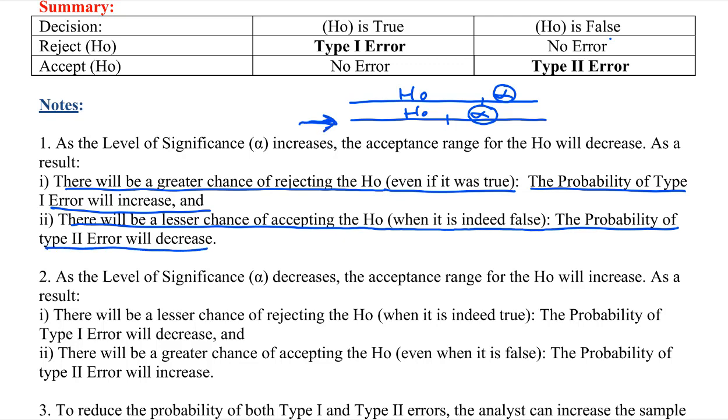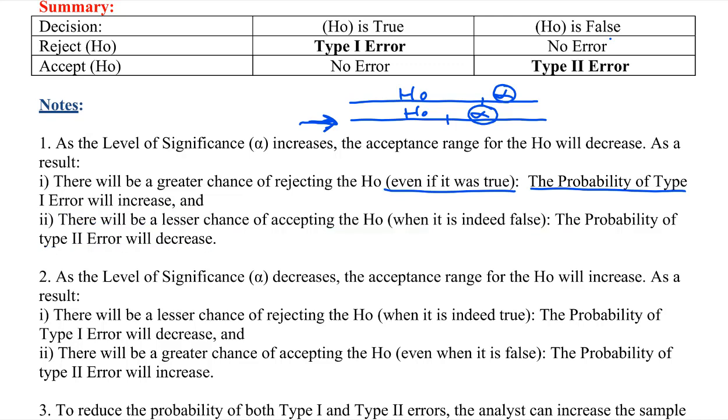So in the second scenario, because I'm reducing the acceptance range for the null, you could see how these two statements go hand in hand. Now there's a lesser chance of accepting the null when it's false, but at the same time, there's a greater chance of rejecting the null when in fact it is true, because now you've sort of narrowed its acceptance range.